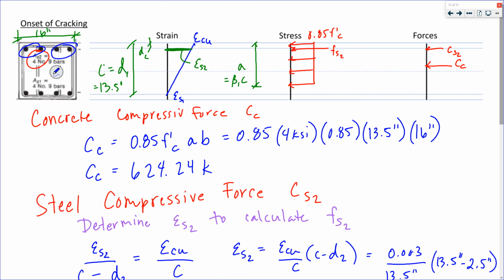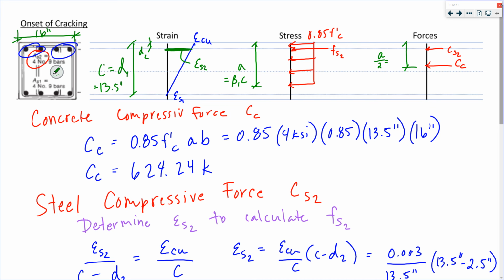I've got, let's see, my Cc, and it is acting at a distance. This distance right here is a over 2. That's my c, 13.5.